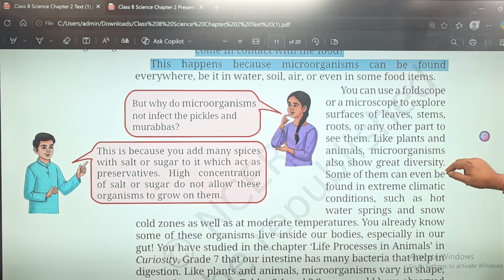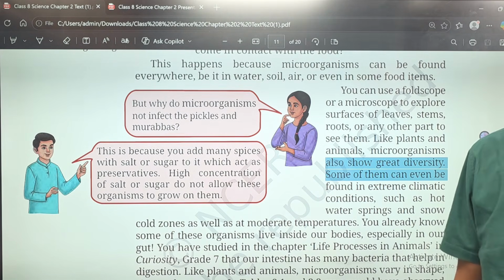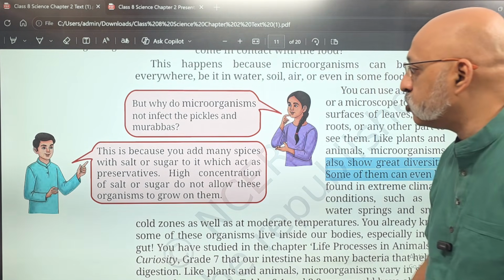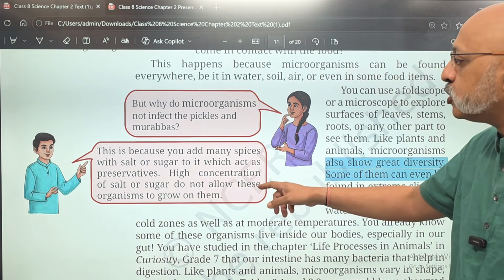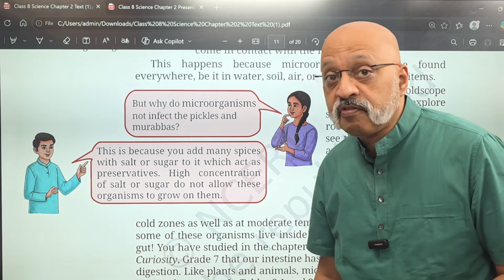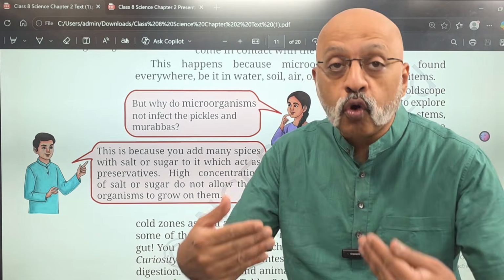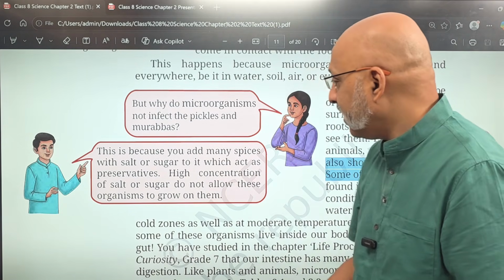Now, why do microorganisms not infect the pickles and the murabbas? That's an interesting question. This is because you add many spices with salt or sugar into it, which act as preservative, which means it preserves what has been made, and therefore none of these microbes can infect it.